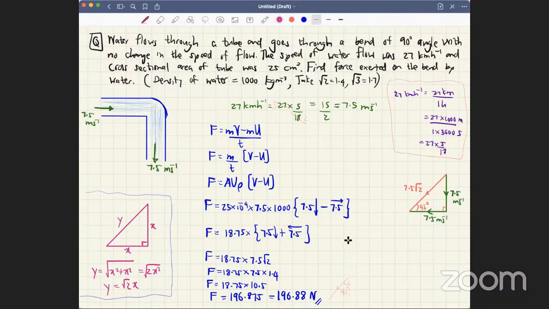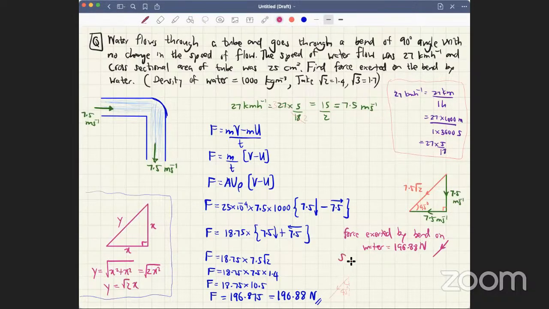So I'll say force exerted by bend on water, that is equal to that value, 196.88 Newton in this direction.